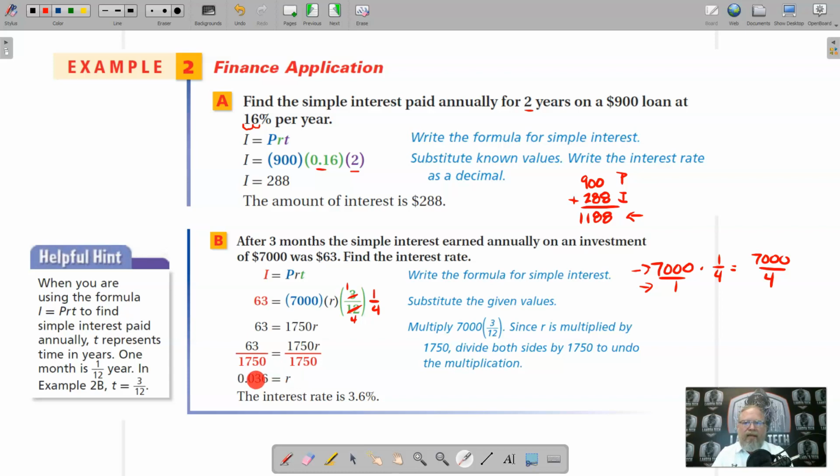Now, this is the rate, but if we're going to write it as a percent, remember, if we're going from decimal to percent, we're going to go from left to right. So I go from left over to the right, 2 places, and 0.036 becomes 3.6. And then don't forget to throw the percent sign on the end, right? So the interest rate is 3.6%.